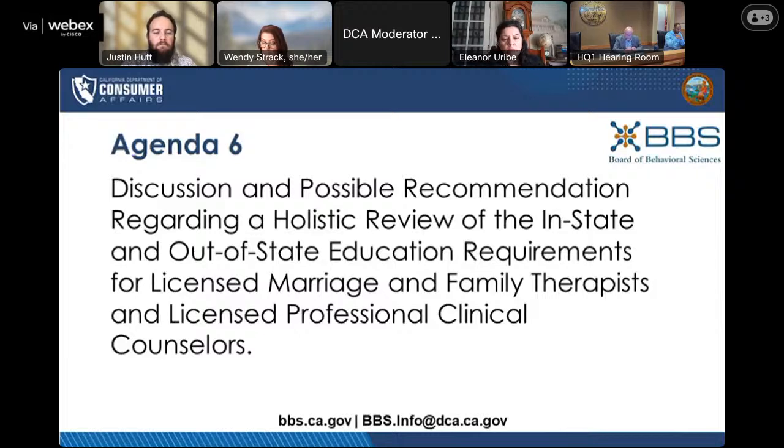That led to Senate Bill 33, which became law in 2010, and this bill updated curriculum requirements for LMFT licensure, increasing the number of required degree units from 48 to 60 semester units.